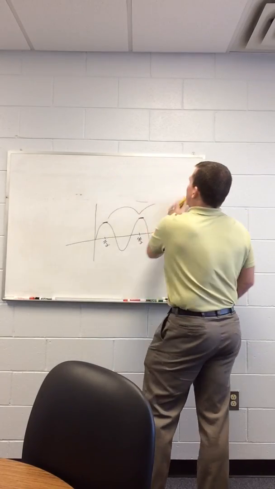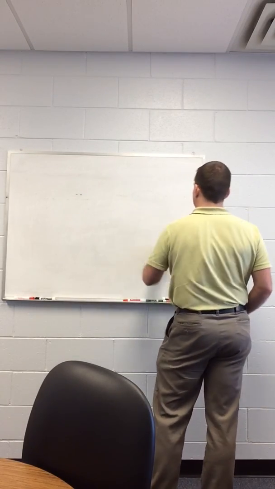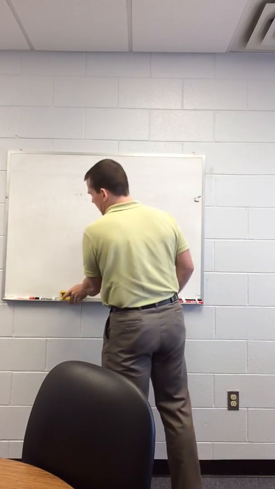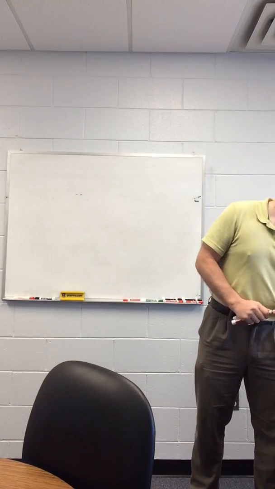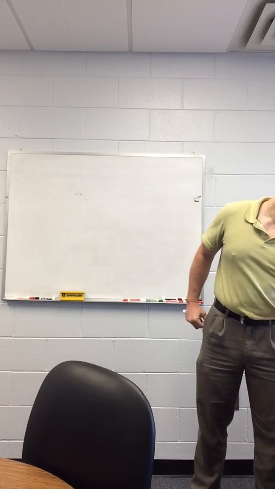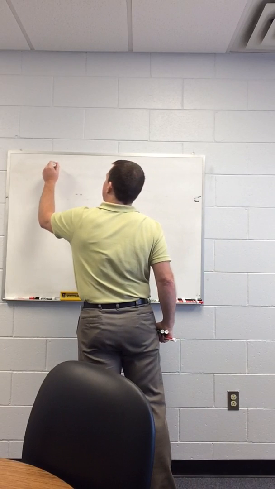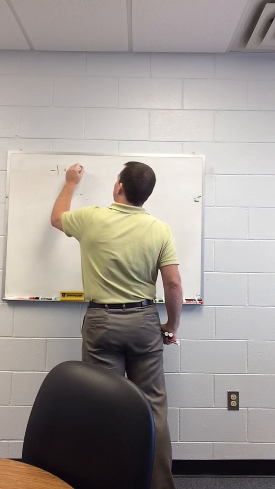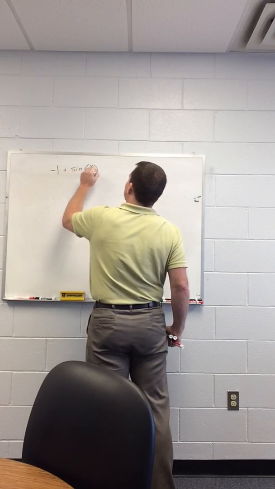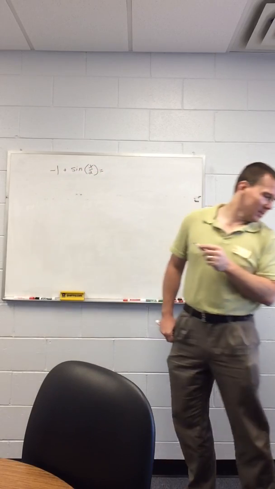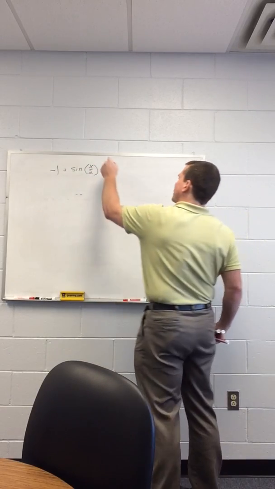So now, let's look at a few problems and solve them out. I have several of these written down that I want to go over. So suppose I have this one: negative 1 plus sine of x over 2 equals 0.